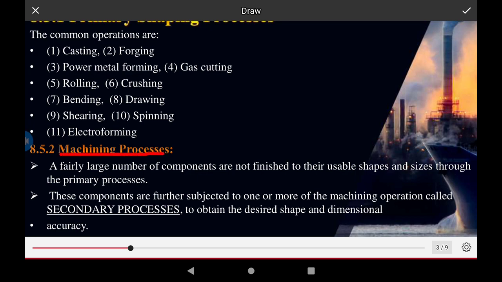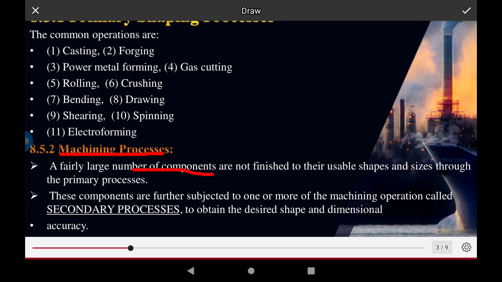The machining process. What is the machining process? A fairly large number of components are not finished to the useful shape and size through the primary process required for the product and product design, for the quality and quantity of the product to be achieved.